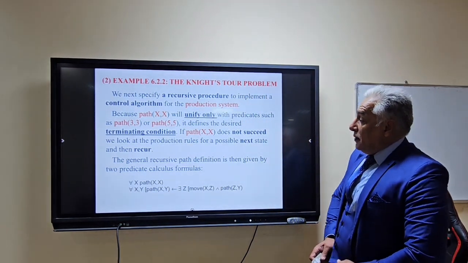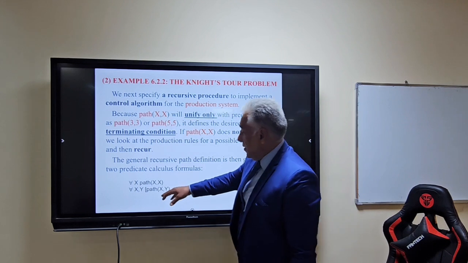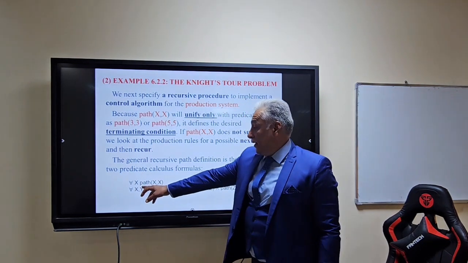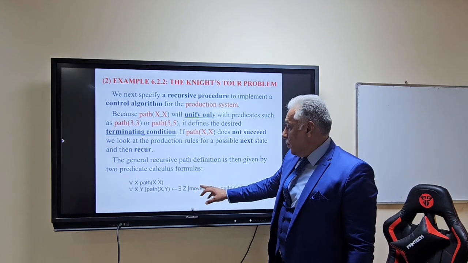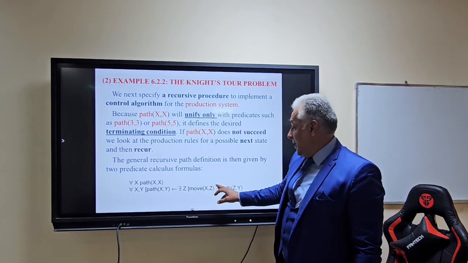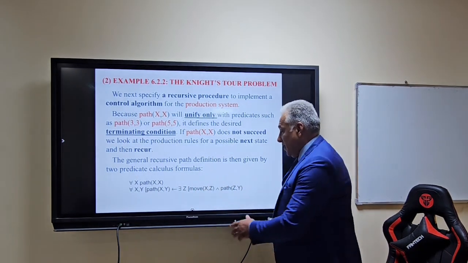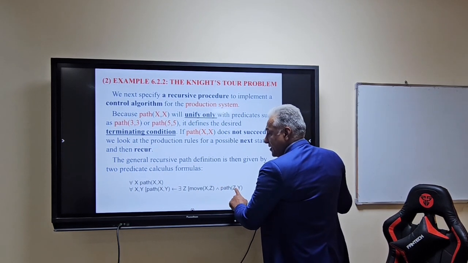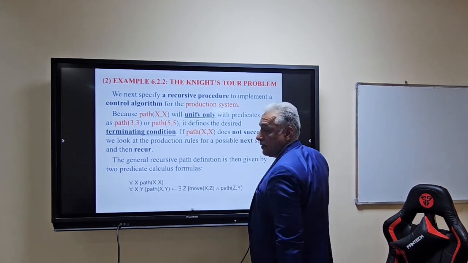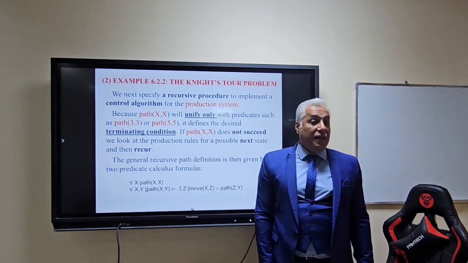Now the other part: for all X and Y, path X Y if there exists Z such that move X Z and path Z Y. This is for changing Z and X in the path predicate.